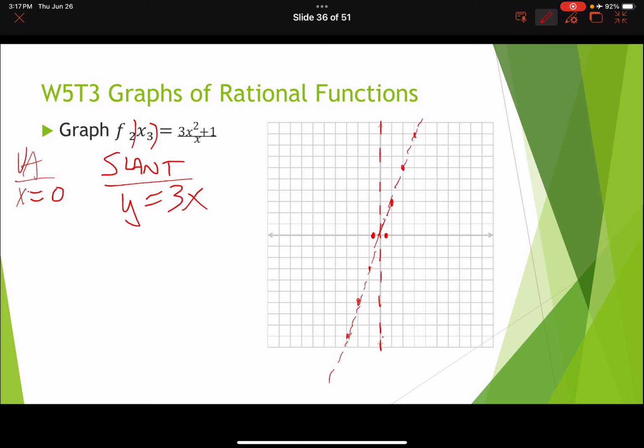And so you're thinking about where the x-axis is, or where the x-intercept is, excuse me, and where there's no y-intercept, and that it has those slant asymptotes, and it has a vertical asymptote at x equals 0.